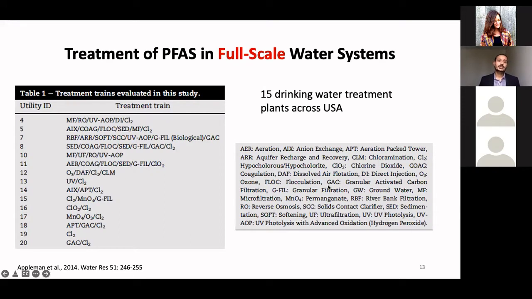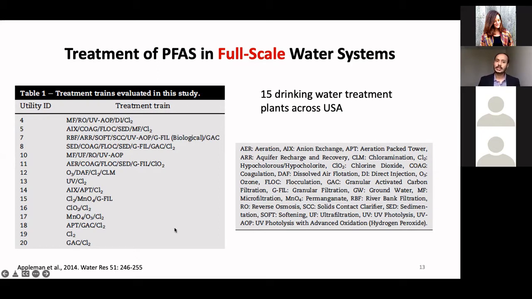So going to the first study, this was a study conducted by researchers to evaluate PFAS treatment at full-scale water treatment systems. They compared the PFAS removal of various technologies across 15 drinking water treatment plants in the US. This table on the left summarizes the different technologies that they evaluated in this full-scale study.